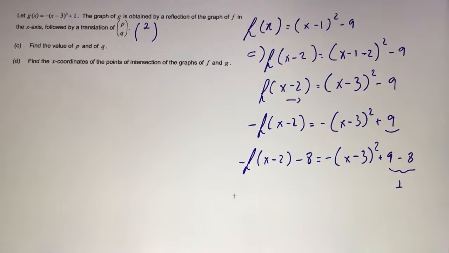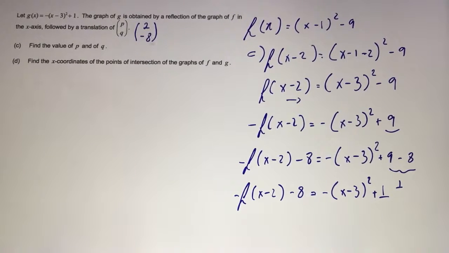So I'll have that minus f of x minus 2 squared, minus 8 equals minus (x minus 3) squared plus 1, which is g of x, right?